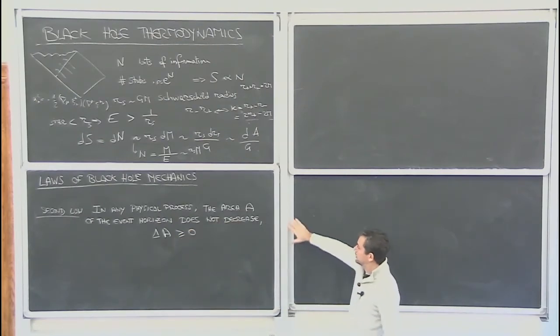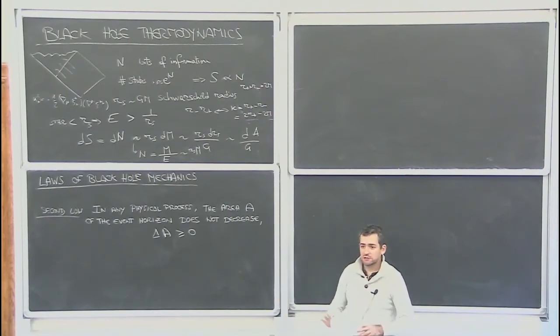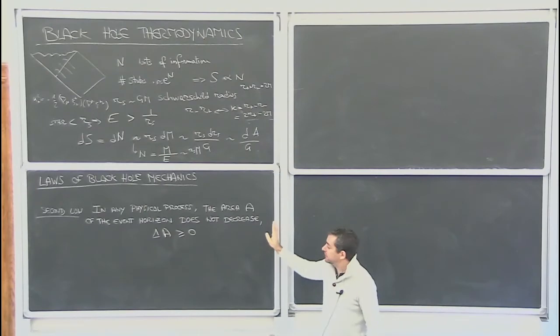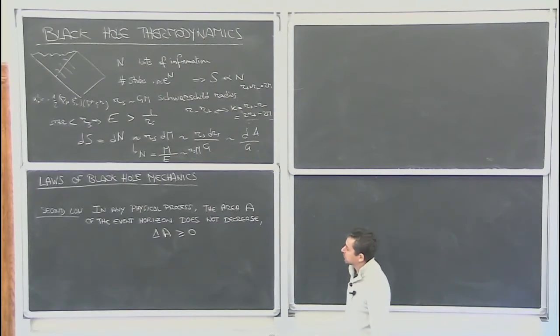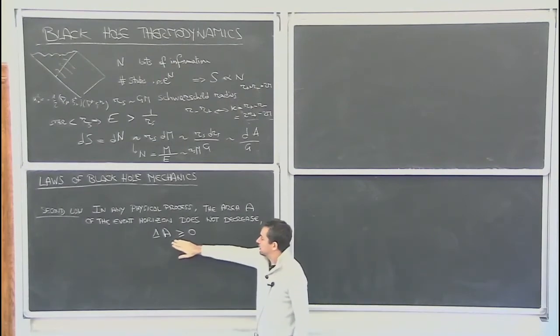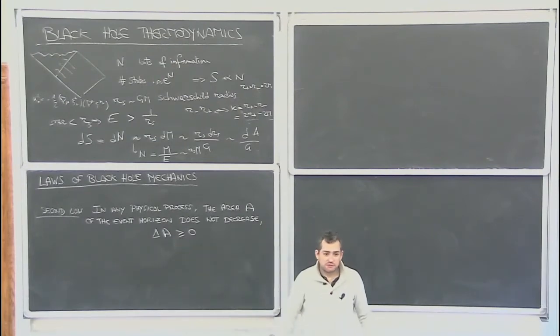So this you can show in general relativity. There is no other extra argument of the type I made above. This is a theorem that you can prove, at least Hawking proved that. It is the celebrated area theorem by Hawking, that in any physical process, the area of the event horizon does not decrease. So it's a fact.